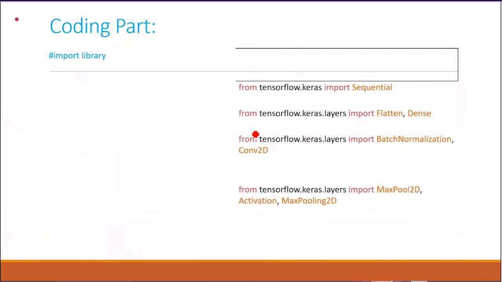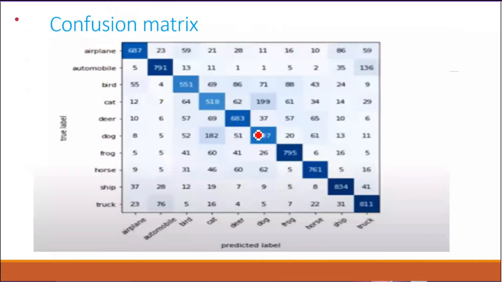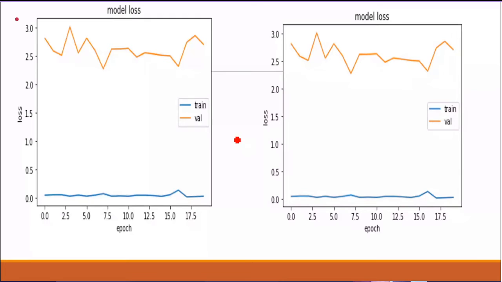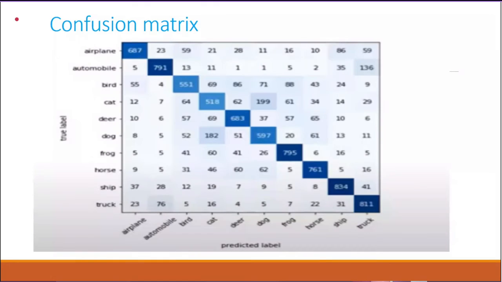The coding part I will explain with the code, and I'll also show the loss and accuracy of training and validation in the demo. And the confusion matrix, to see where the probability is high. For example, I'm applying my own CNN model. In that, I'm getting a confusion matrix value of 799 predicted and 790 true labels. That means automobile is predicted and the true value matches with high probability.